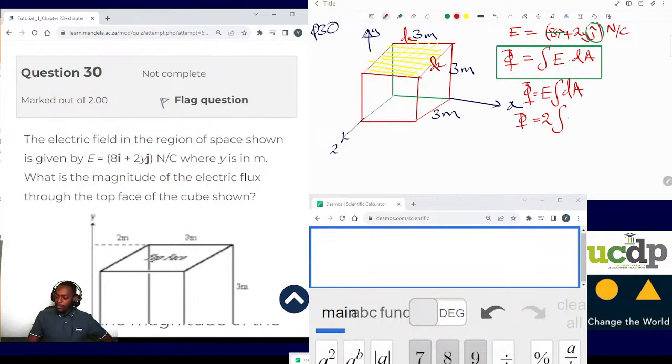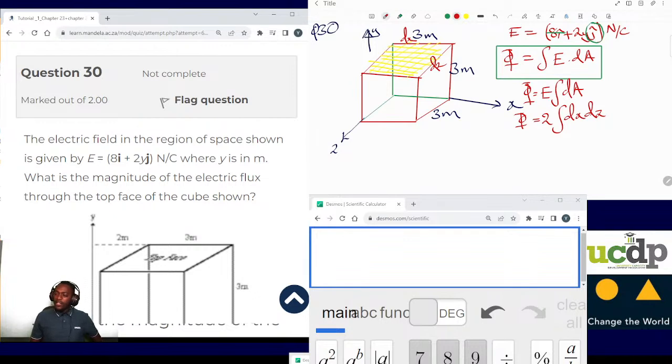So it's going to be dx dz. That is our area, okay? Because we are multiplying the electric field strength and the integral of the area.